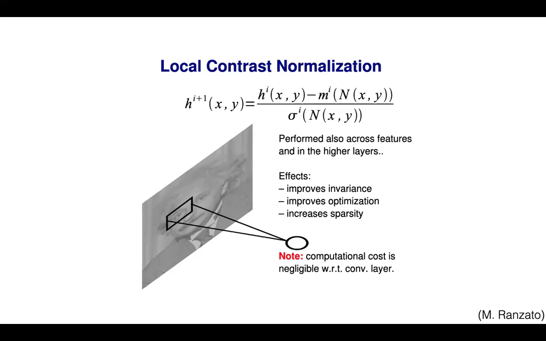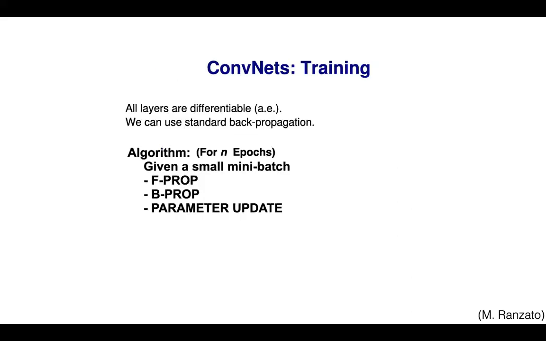And it's very beneficial, and computationally it is negligible in terms of the computational costs compared to the convolutional layer, right? So these are the three main components of a stage of a convolutional neural network.